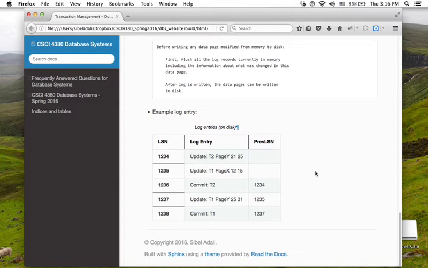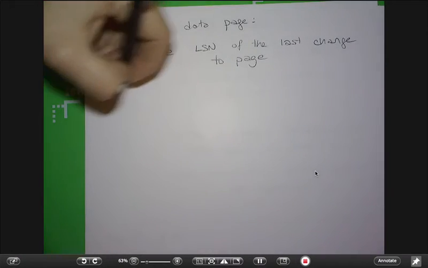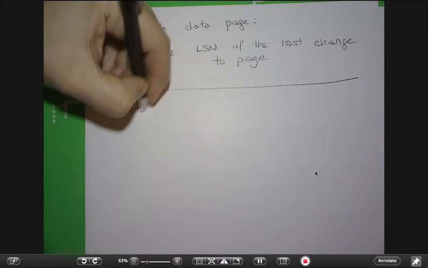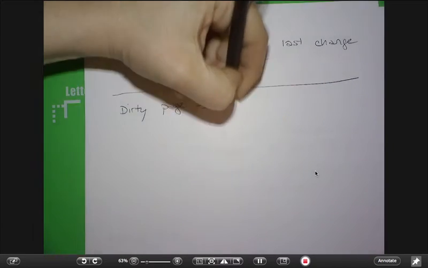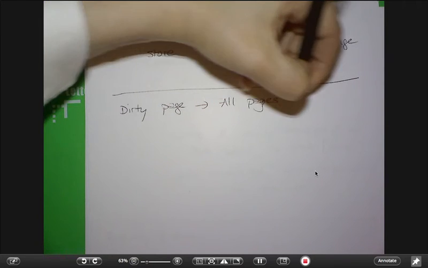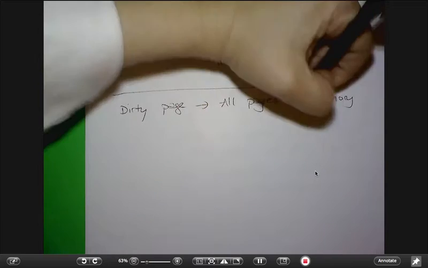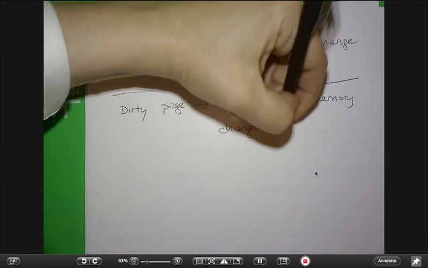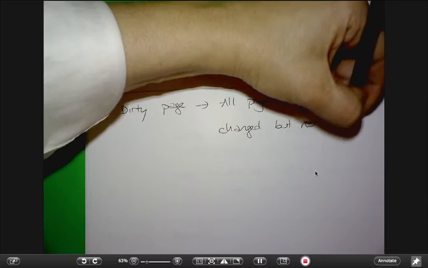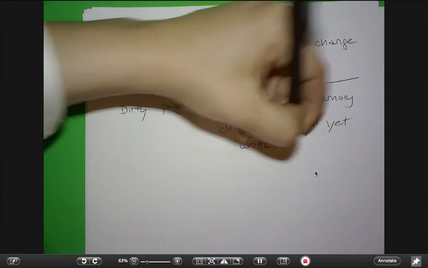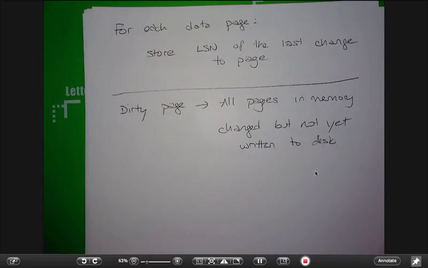So, the last LSN is the one that was the last change at the time I recorded it. So basically, the dirty page is all pages in memory that are changed, but not yet written to disk. So there may be changes still in memory, not written to disk, and so on. We will see the point of that.